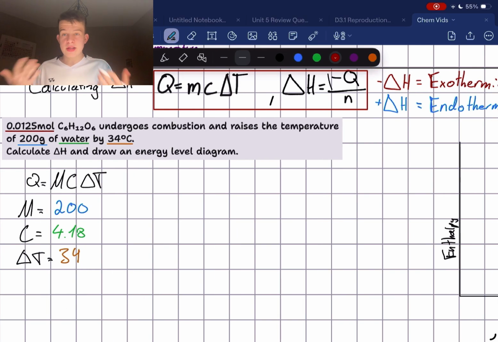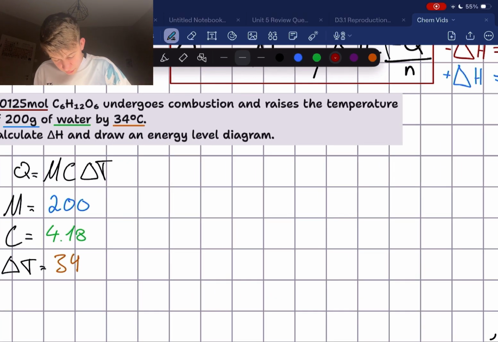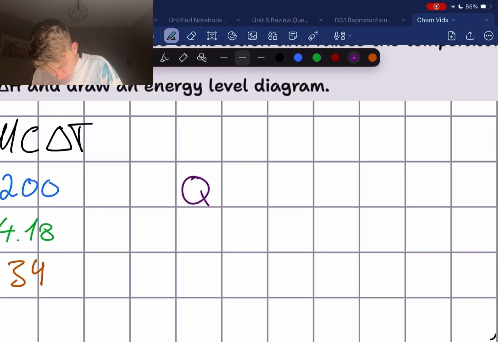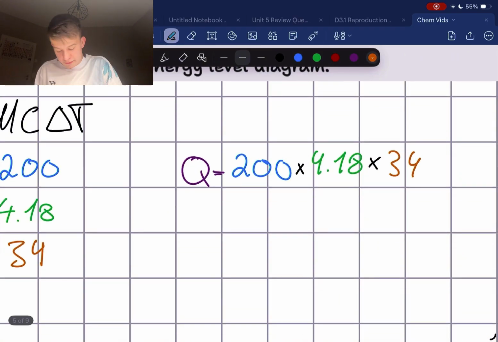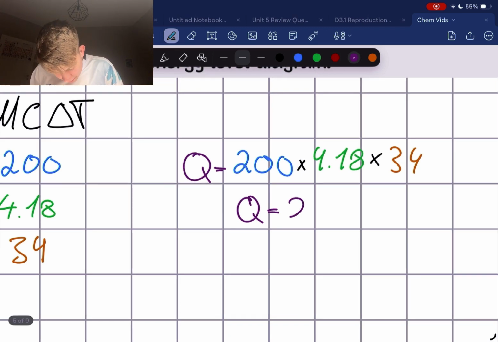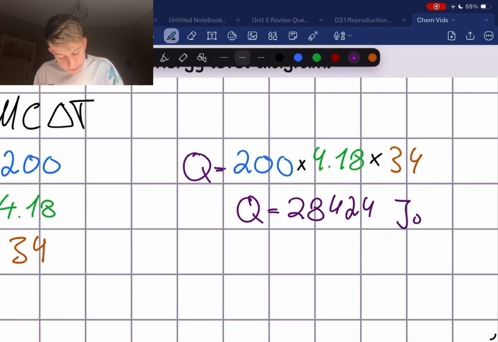Okay, so now let's calculate Q. Q equals 200 times 4.18 times 34. This will give us Q equals 28,424 joules.